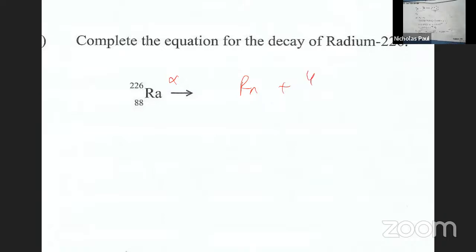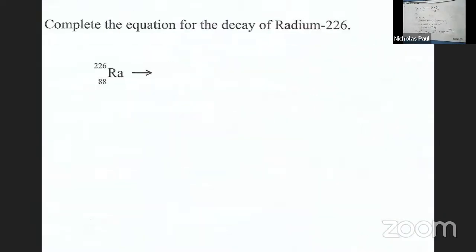Right, so it's 4, 2 here. And the mass number is how much? And the atomic number. Nice. Let's go again. Wait, you all got that? Everybody get that, right?